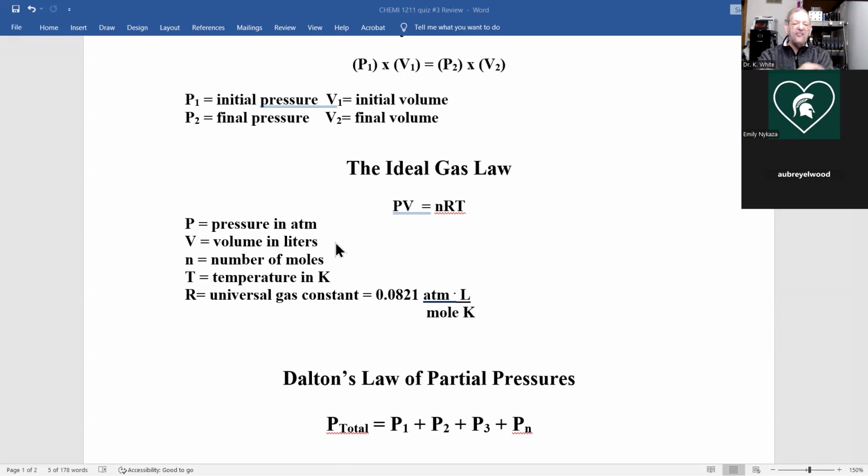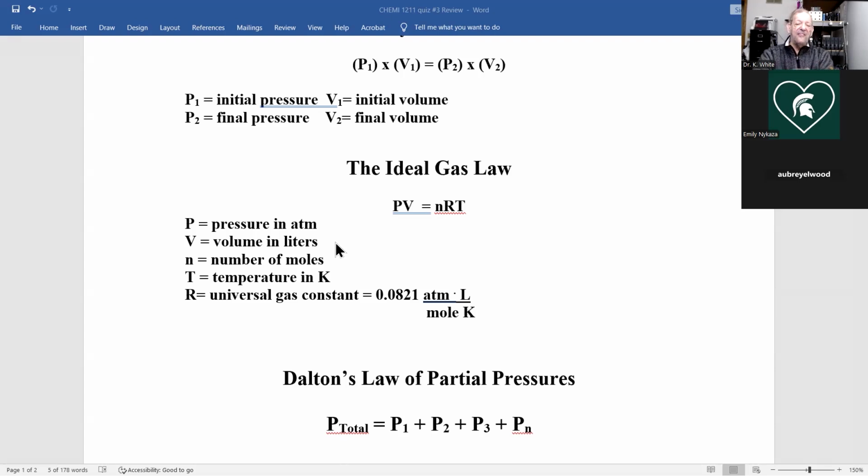Now, I've yet to see a gauge that measures pressure in atmospheres, but I have seen it in torr and millimeters of mercury. So you're going to have to convert pressure to atmospheres, which we just did earlier. I'll always give you the volume in liters if that's what you're given. That's my gift to you.